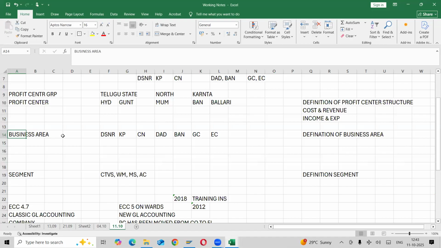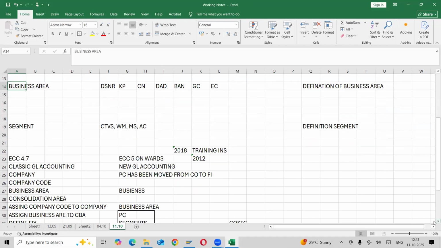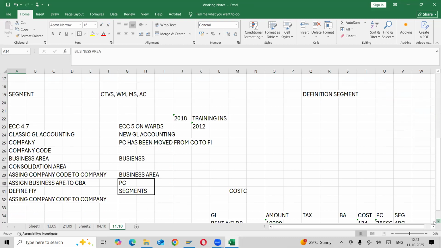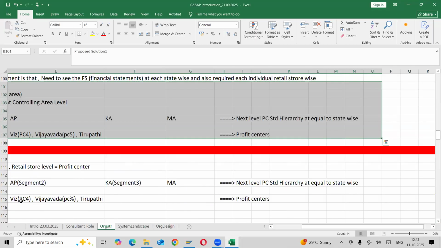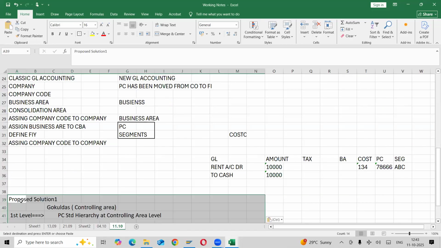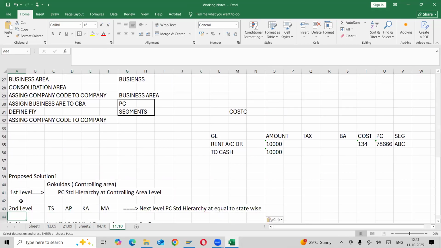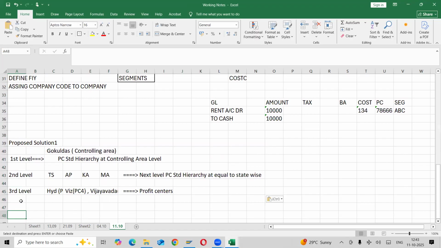See here, this is my first proposal. So as you are saying, for example, retail area, whatever you can take, I'm having different products, color TVs and air conditioners, for example.